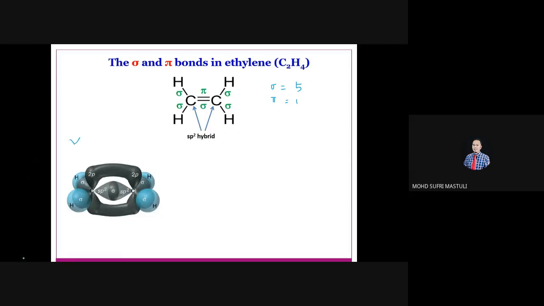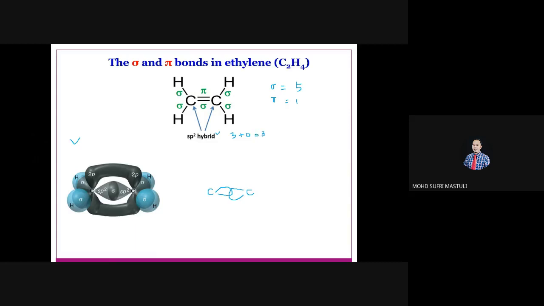Okay. This one maybe is a bit complicated, but just do as you learned before, carbon, and then this one we know is sp2 overlapping with sp2. Why sp2? Because of this 1, 2, 3, 3 plus 0. It should be an electron domain of 3.